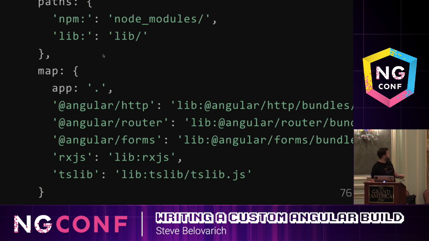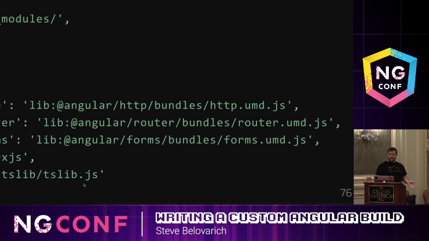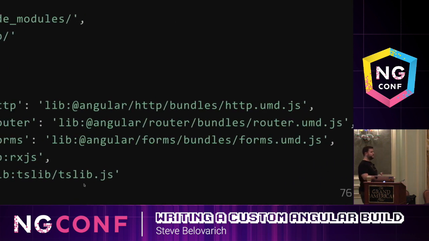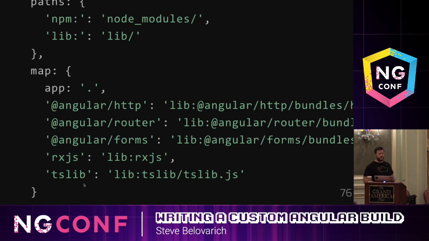So this alias is going to allow us to map the requests that the browser is making for these dependencies like Angular HTTP or Angular Router or Angular Forms. We can map that request to the common JS bundle for each one of these dependencies. So we can develop with these modules. You would do a similar thing for RxJS, and TSLib is necessary for, I think, the HTTP client.